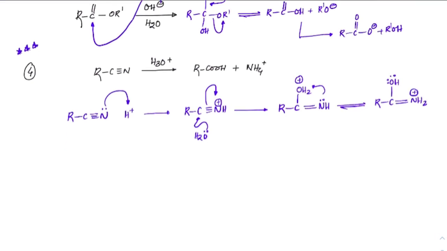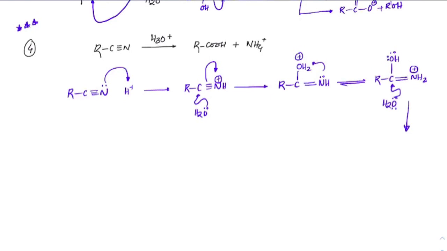As it becomes NH2 plus, the next mole of water will attack here, and I'm skipping one step here where this lone pair will make a double bond and this pi will shift there. Got it?